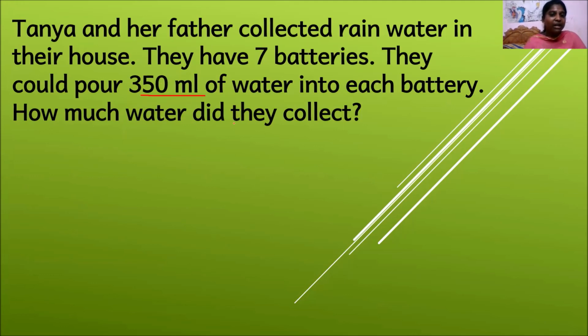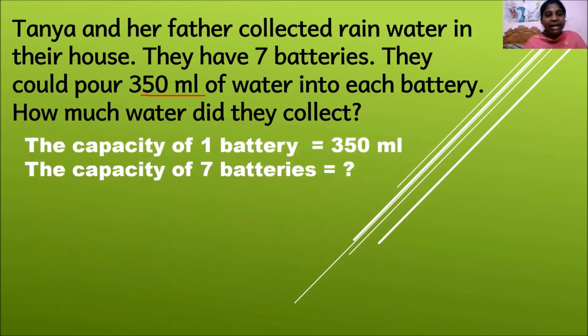How much water did they collect? You have to read the question twice, children. Then you have to list the facts. The capacity of one bucket is 350 ml. Then the capacity of the 7 buckets is... which operation do we have to use, children?